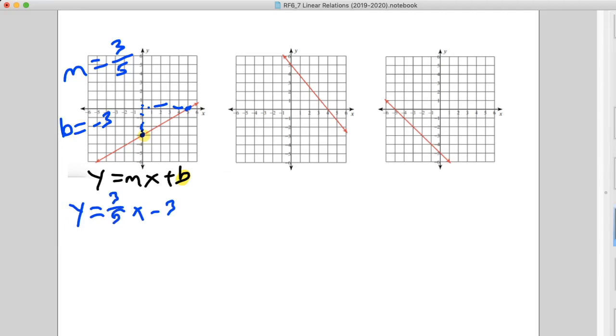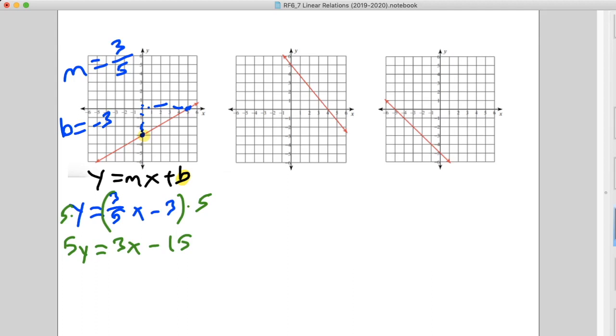So we're going to multiply both sides by 5. We're going to multiply the entire thing by 5. We'll have 5y is equal to 3x minus 15.